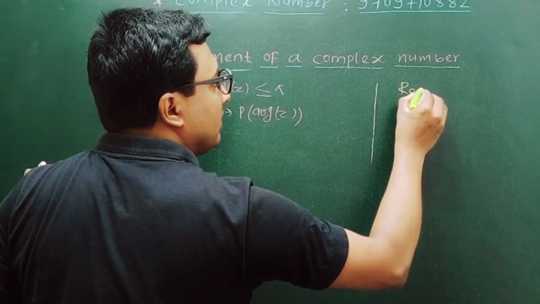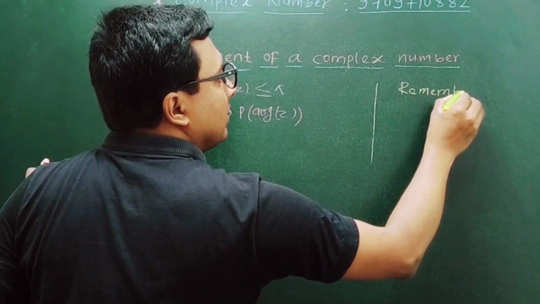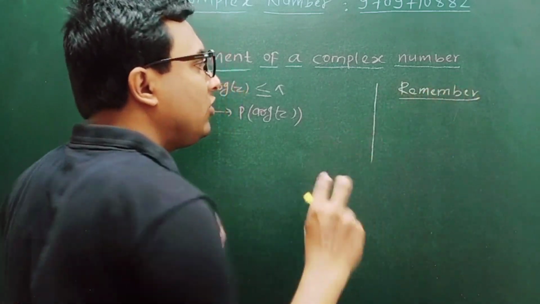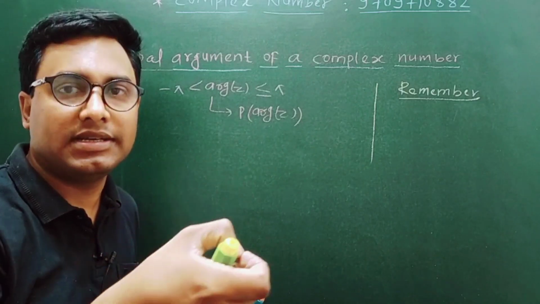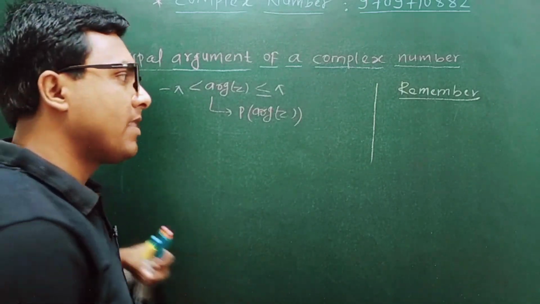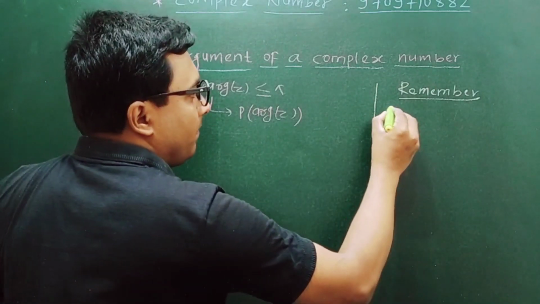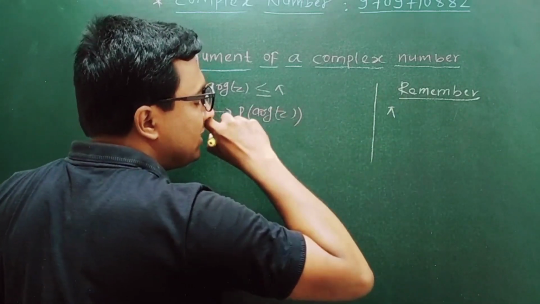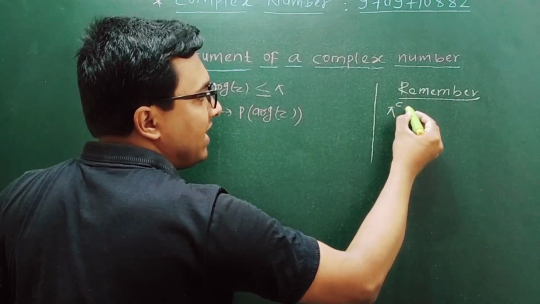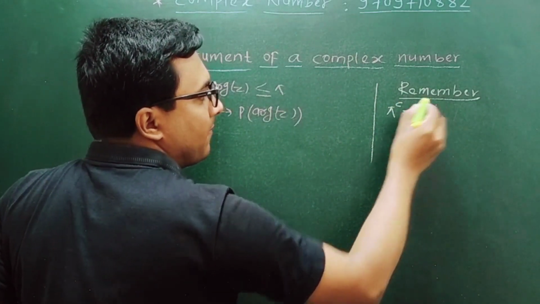Remember, there are two main systems of measurement of angles: the radian system and the degree system. The relation is pi radian is equal to 180 degrees.